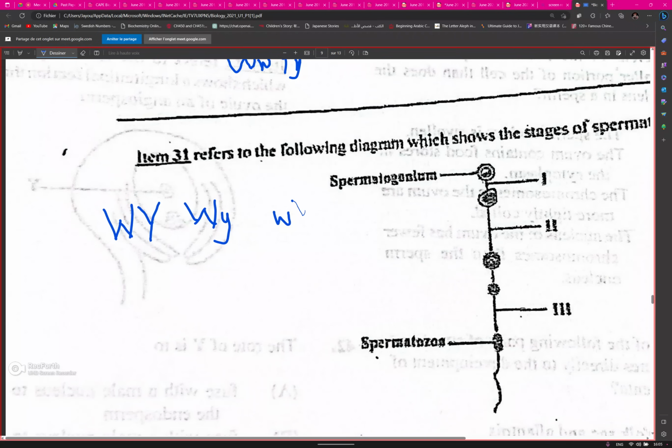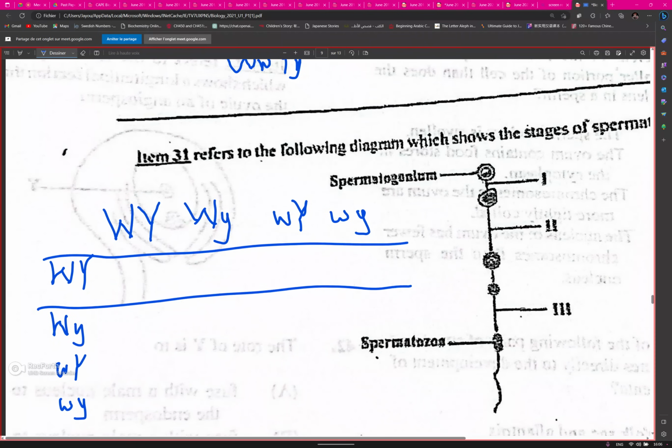I hope you can judge the difference between my capital W's and my small w's. And then we're going to have this. So we have that so far. Then we're going to have capital W, large Y. Then we're going to have our capital W, small y, and then we just repeat it. Large Y, small w, small y.